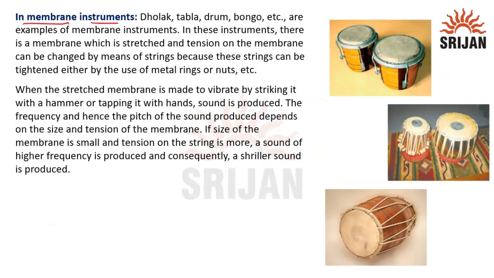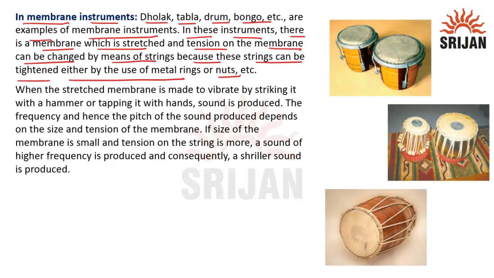In membrane instruments, dholak, tabla, drum, bongo, etc. are examples of membrane instruments. In these instruments, there is a membrane which is stressed and tension on the membrane can be changed by means of strings, because the strings can be tightened either by use of metal rings or nuts.